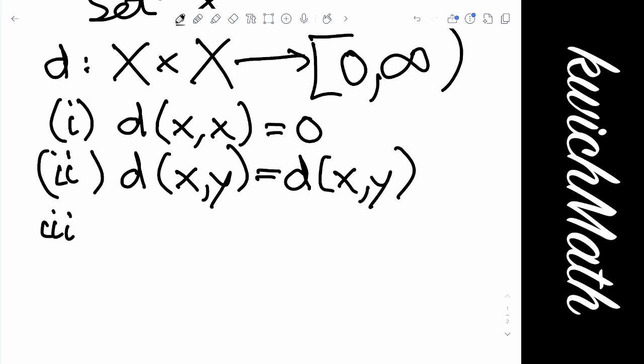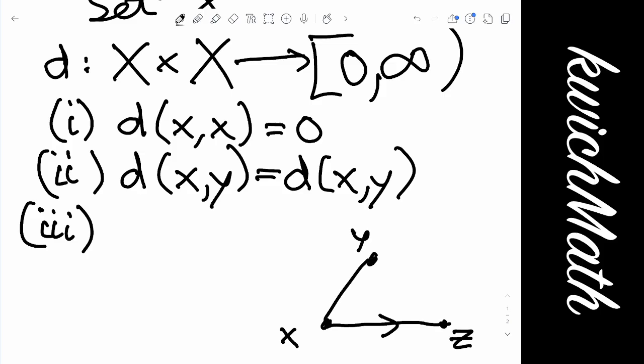And finally we do have the triangle inequality, and that basically says that if you're going from the point x to the point c, that will always be shorter, or at least as short as taking a detour around y.